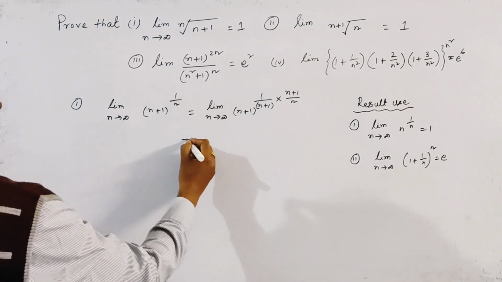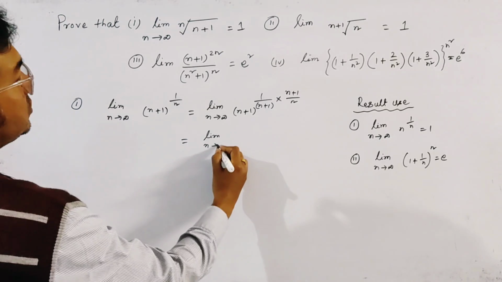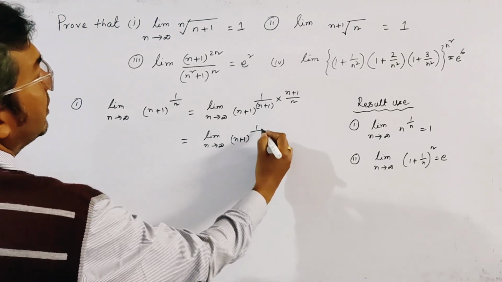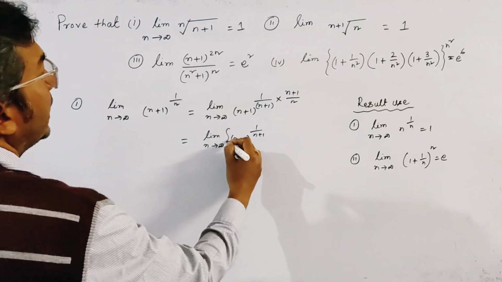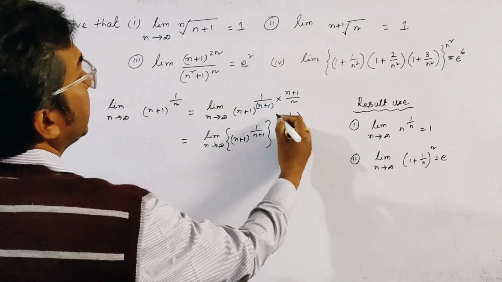So this is limit n tends to infinity, n plus 1 to the power 1 by n plus 1, whole to the power 1 plus 1 by n.